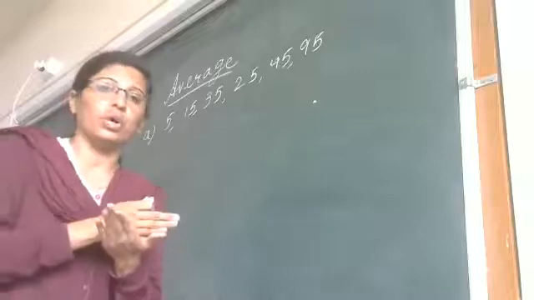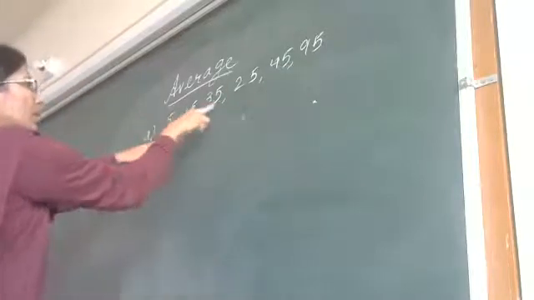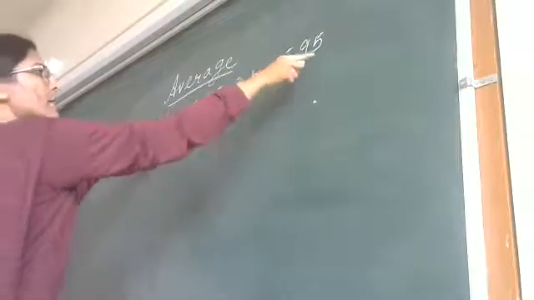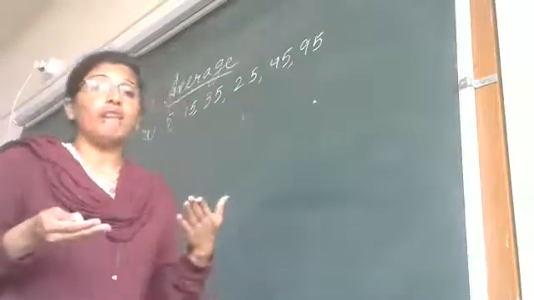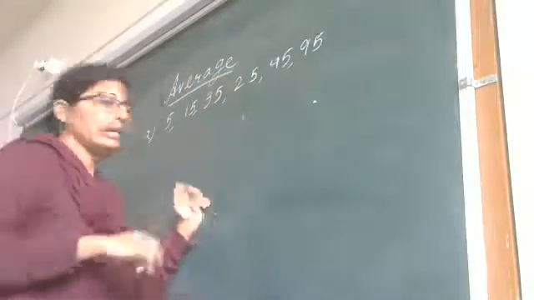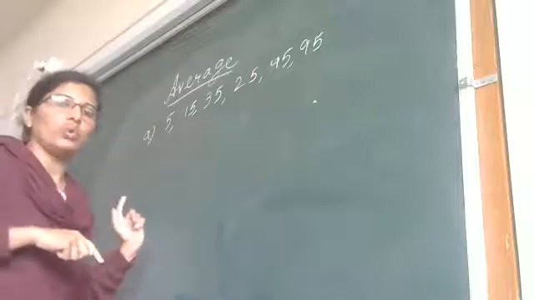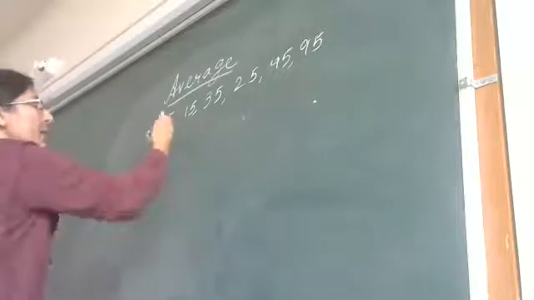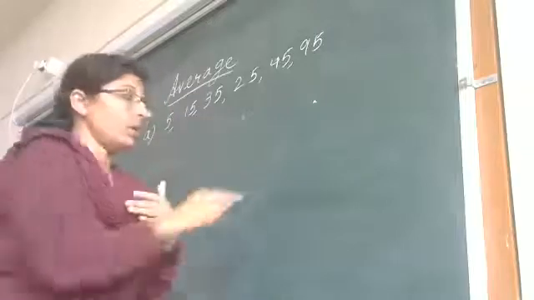Average means the middle value. Now here how many numbers are given? 1, 2, 3, 4, 5, 6. 6 are given. If 5 were there, we could see and find, but here 6 are there. What do we have to do? These are different, they are not one after the other, not consecutive.